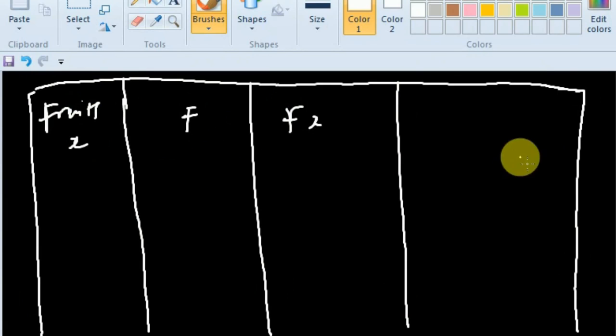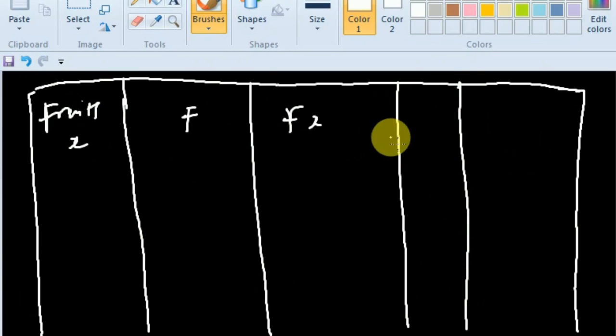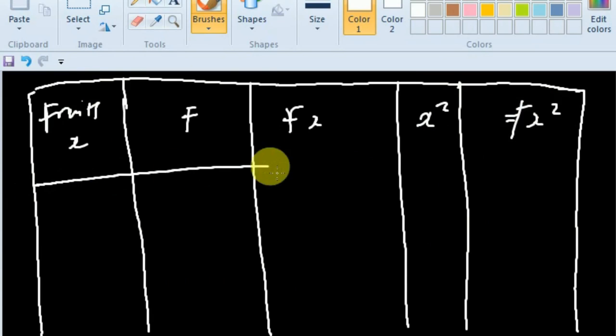So I'm going to have 5 columns here. As you can see, I've drawn 5 columns. In the first column I have fruits, which represents x. Then I have frequency, then f x, which means frequency multiplied by x.